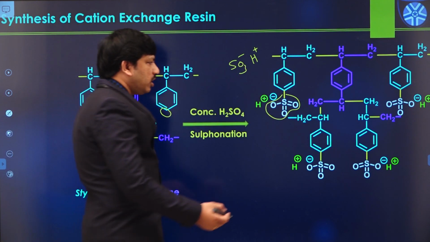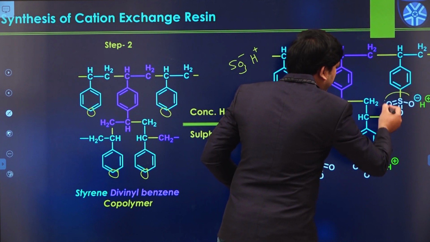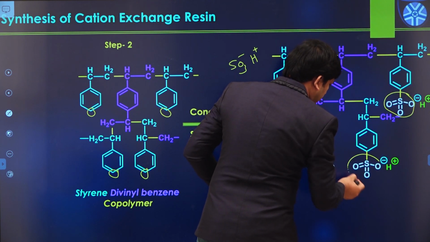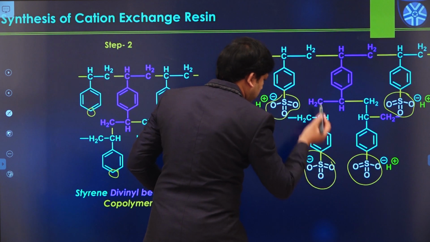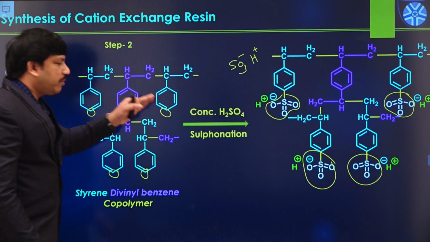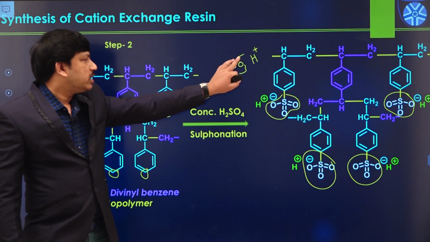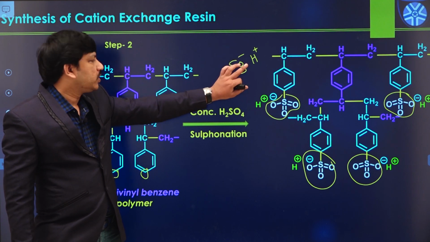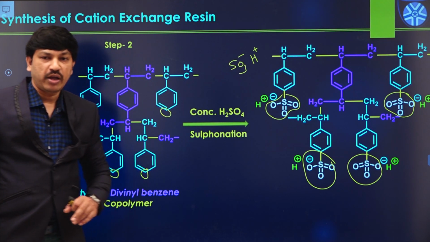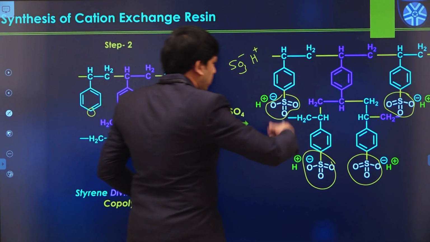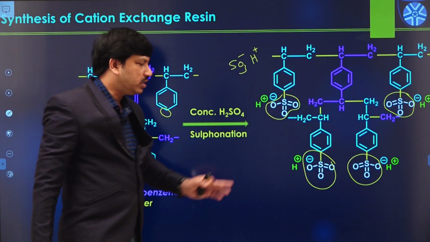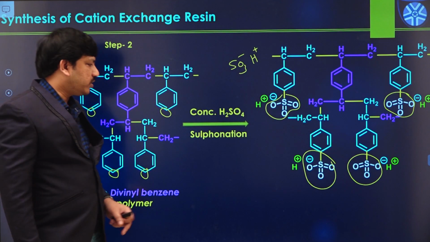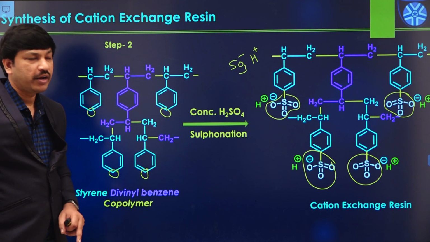Like this, all the styrene para positions are occupied by the sulfonating group, SO3 minus H plus. Now this is our required resin, our required cation exchange resin.